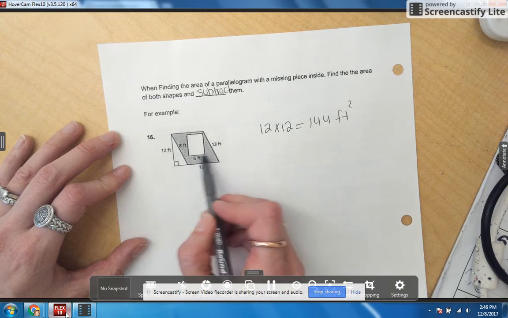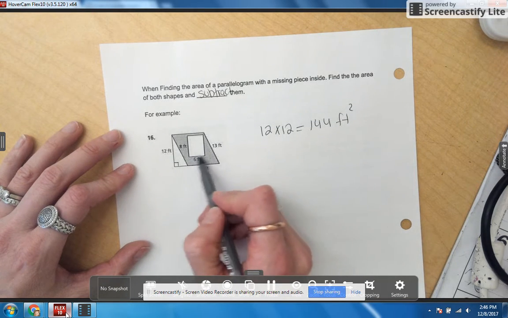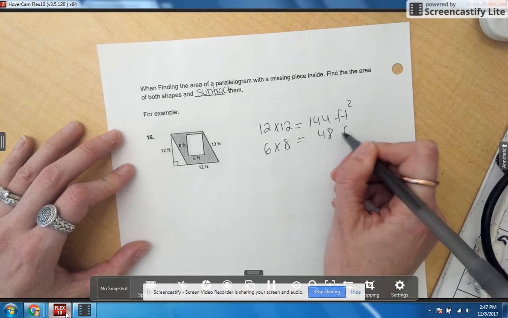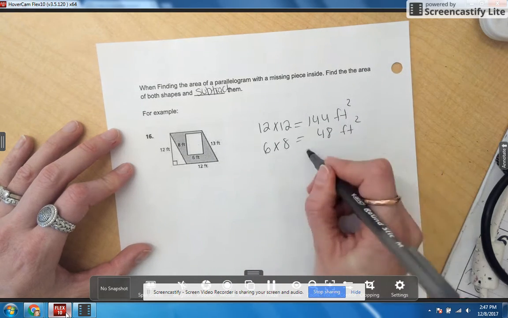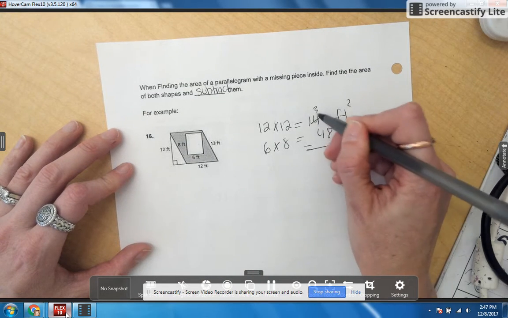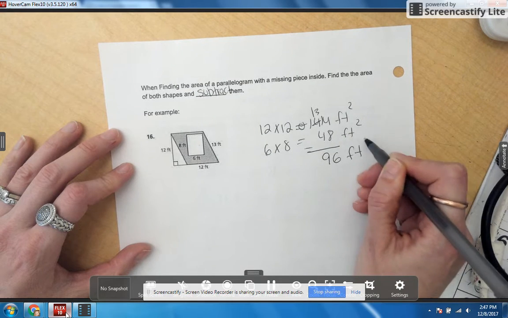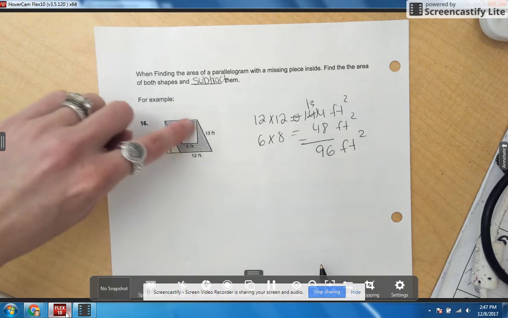That's length times width. 6 times 8, which is 48 feet squared. We want everything but the rectangle. So that means I'm going to subtract the two answers I got. I get 96 feet squared. So I find the area of the bigger shape, find the area of the smaller shape, and then subtract the two. Okay? So let me give you some of these to try now.